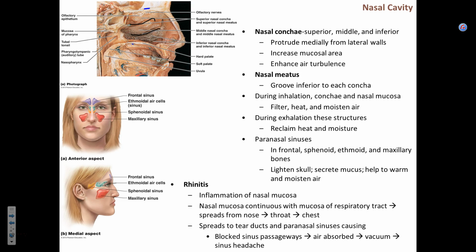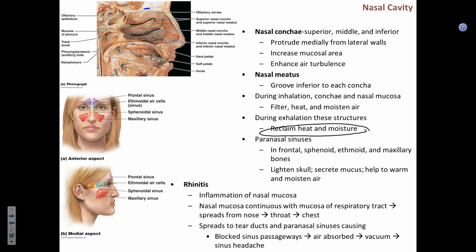The more surface you have, the more plexuses of blood vessels, the more network you have there, the more efficient your heat exchange is. Another important thing, if you inhale really, really dry air, it gets moistened in the nose. Now, when you exhale through the nose, heat and moisture, at least partially, are reclaimed in the nasal cavity. Does that make sense? Okay.